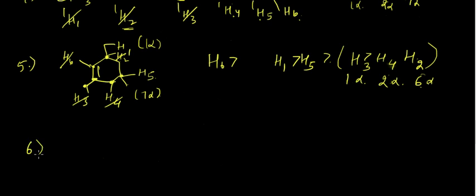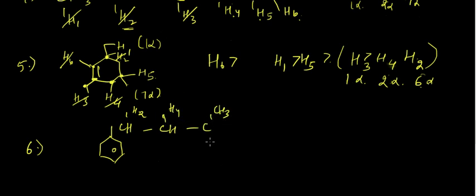Okay, so let's discuss the last example for this video lecture, for comparing the bond energy order. So we have something like this. This is H2, CH, H4, H5, CH2 and H6, and obviously we have H3 and CH2 and H1 here.